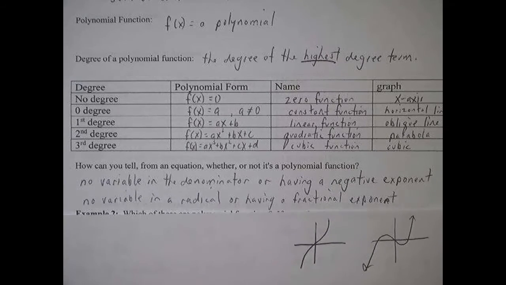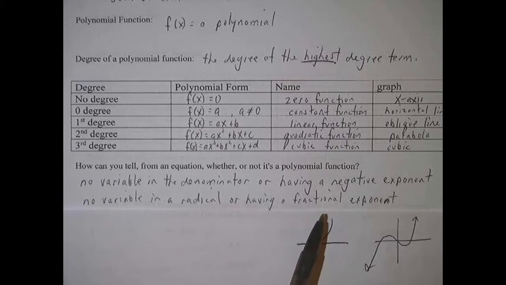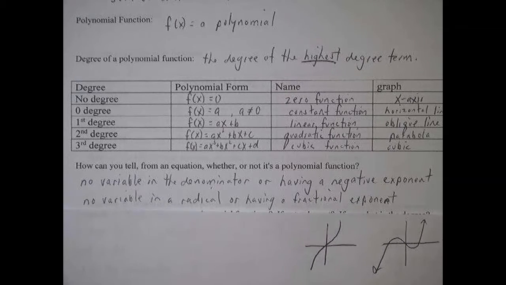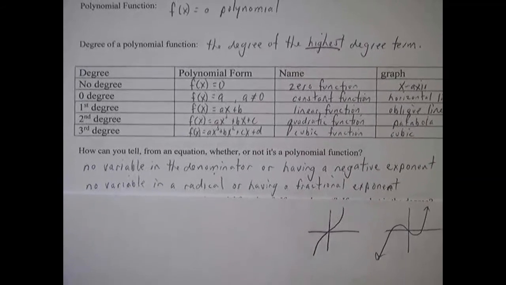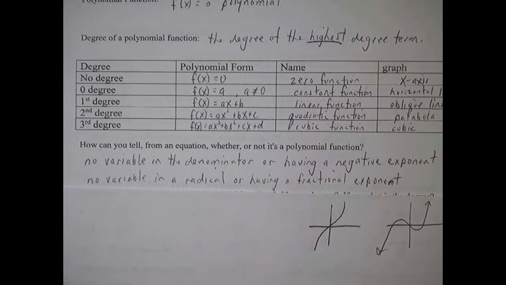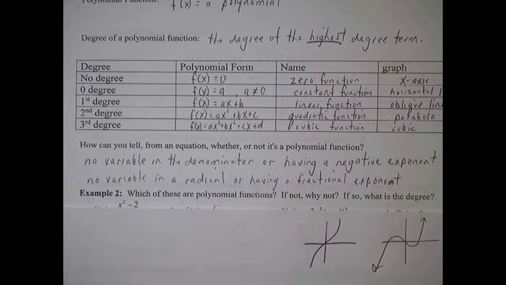You can't have a variable in a radical, which means you can't have a fractional exponent, like an exponent of 1/2, which means square root. Those are the only things that are not polynomial functions, unless you have something like a trig function or a log function. Even an exponential function is not a polynomial function.